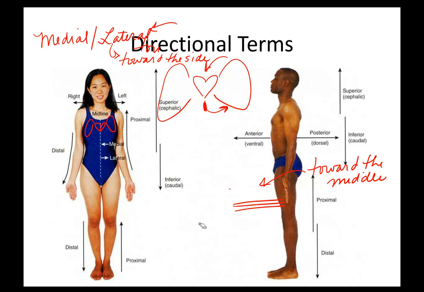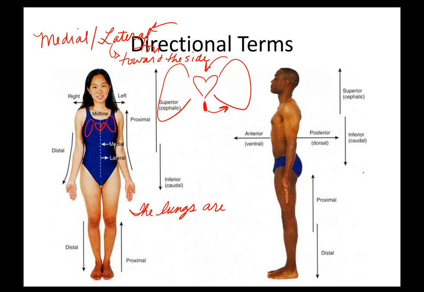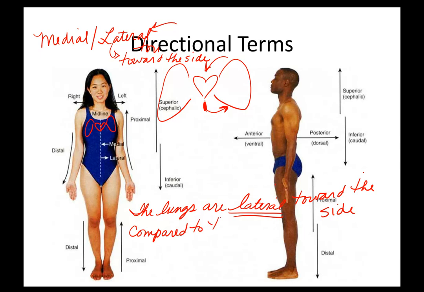So if we're talking about the lungs instead of the heart, we would say the lungs are lateral, meaning toward the side, compared to the heart.